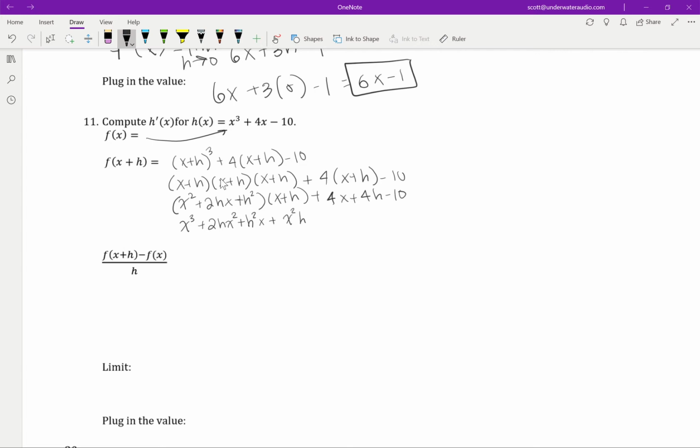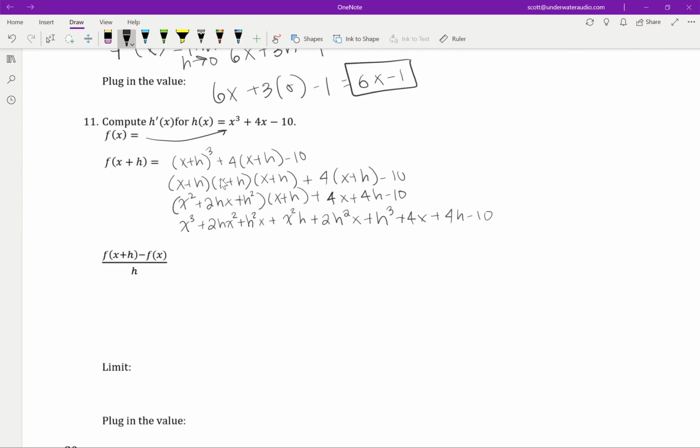Oh, that's cool. x squared h plus 2h squared x plus h cubed. And then I'm going to add everything else to it, plus 4x plus 4h minus 10. And I'll check to see if anything can be added together.